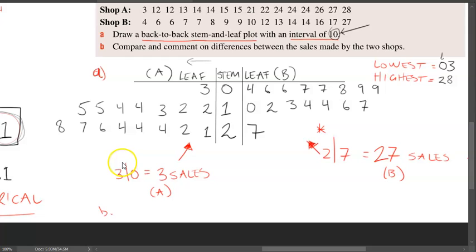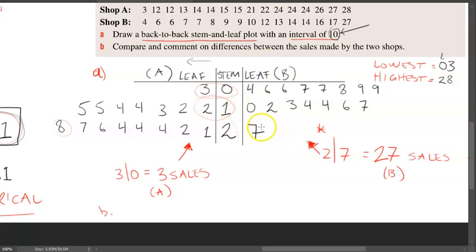Second thing you'll say is that shop A's sales generally ranged between 12 to 28, with an uncommon sale of 3, which you could consider an outlier if you were to work that out, looking for the lower and higher fence. That's enough about shop A.